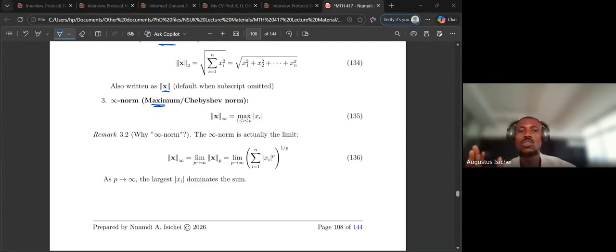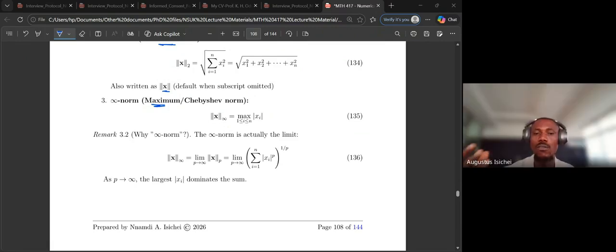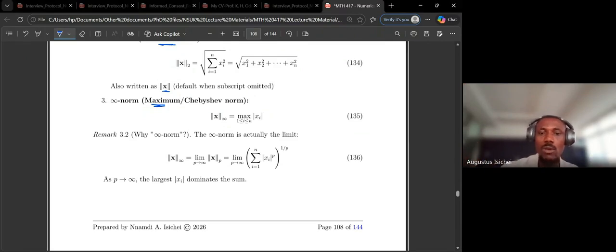So the question is, why the infinity norm? I'll take that as remark 3.2. The infinity norm is actually the limit of your Lp norm. How is it seen as a limit? The infinity norm is the limit of the norm p, where p tends to infinity.